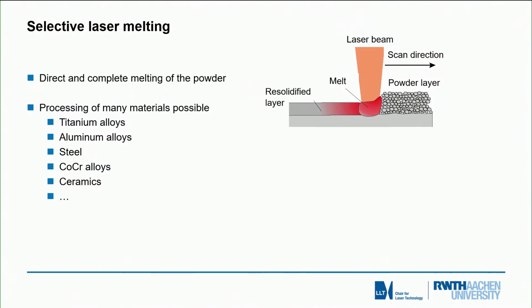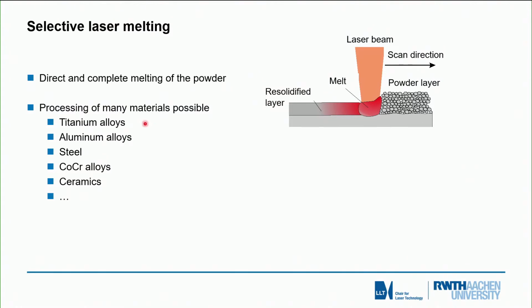With the advent of high quality lasers, it was possible in the late 90s to develop an all-metal process, and this all-metal process was scaled and developed such that several materials and metals can be processed in selective laser melting.